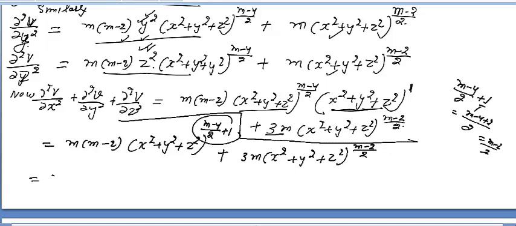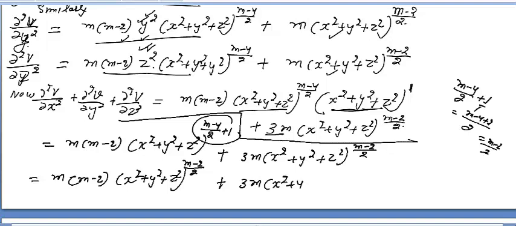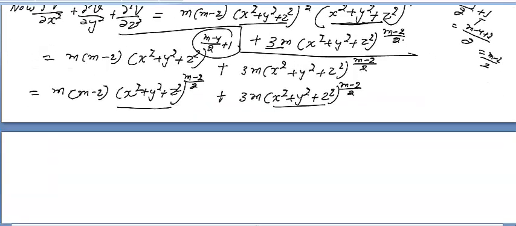Now what you are getting here, m into m minus 2 (x square plus y square plus z square) raised to m minus 2 by 2 plus 3m (x square plus y square plus z square) raised to m minus 2 by 2. Correct? So here this and this is same. This is common.